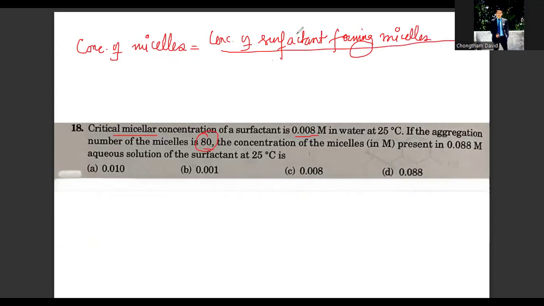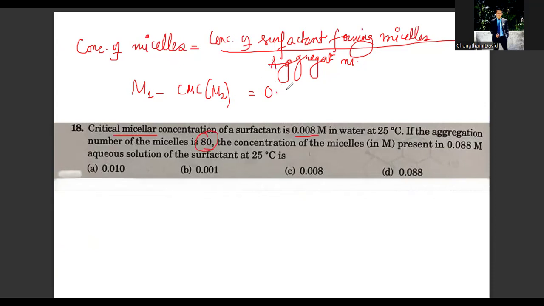Let us divide this by the aggregation number. So where this concentration of surfactant forming micelles will be equal to the total surfactant concentration M1, let us say, subtract this from the CMC, critical micelle concentration.